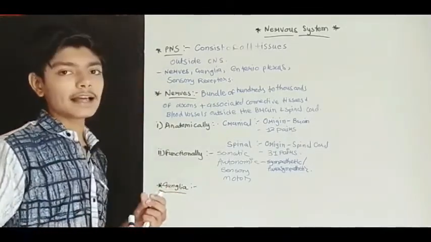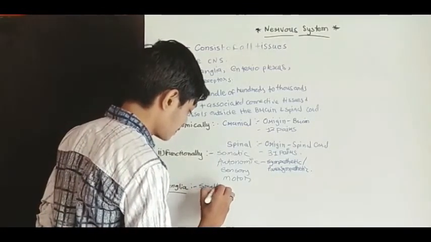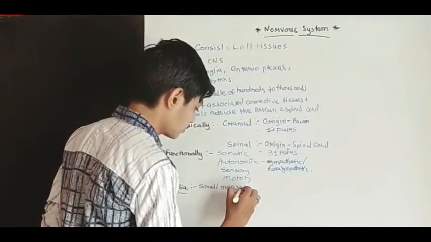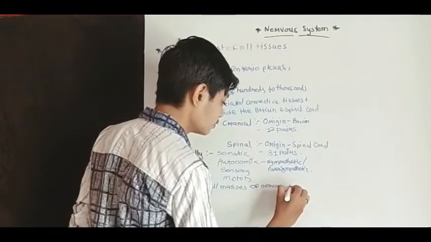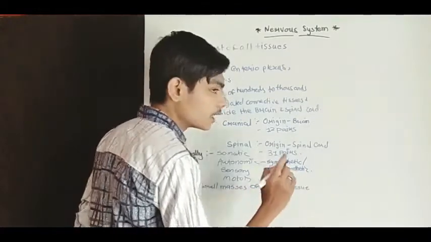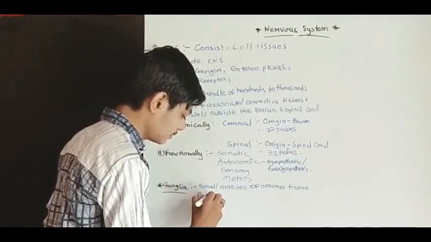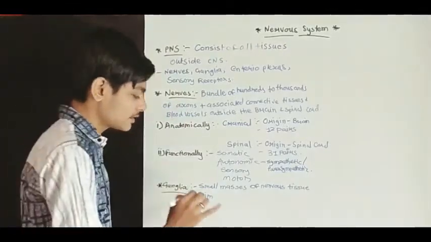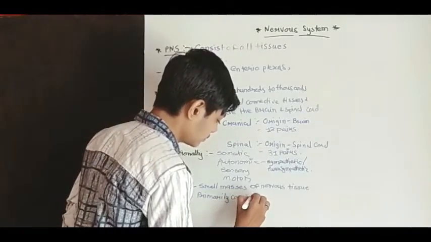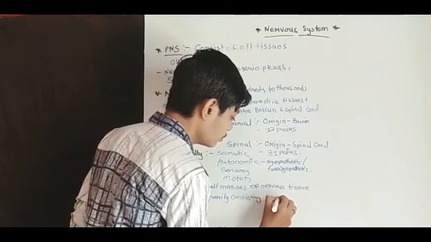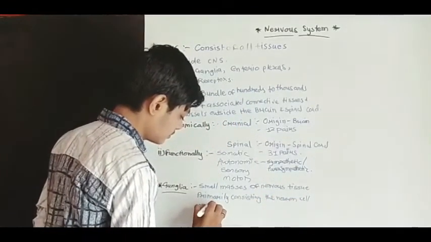The ganglia are small masses of nervous tissue primarily consisting of the neuron cell bodies.